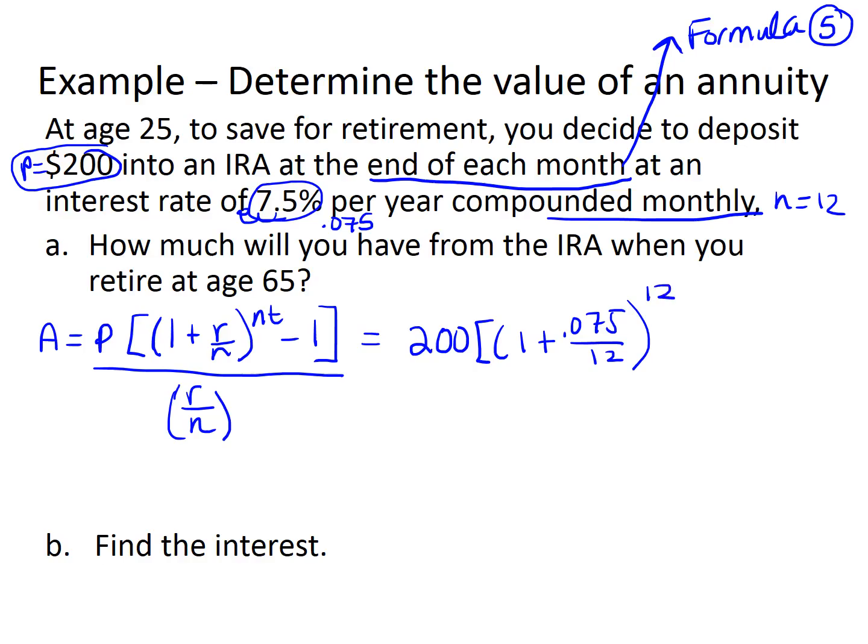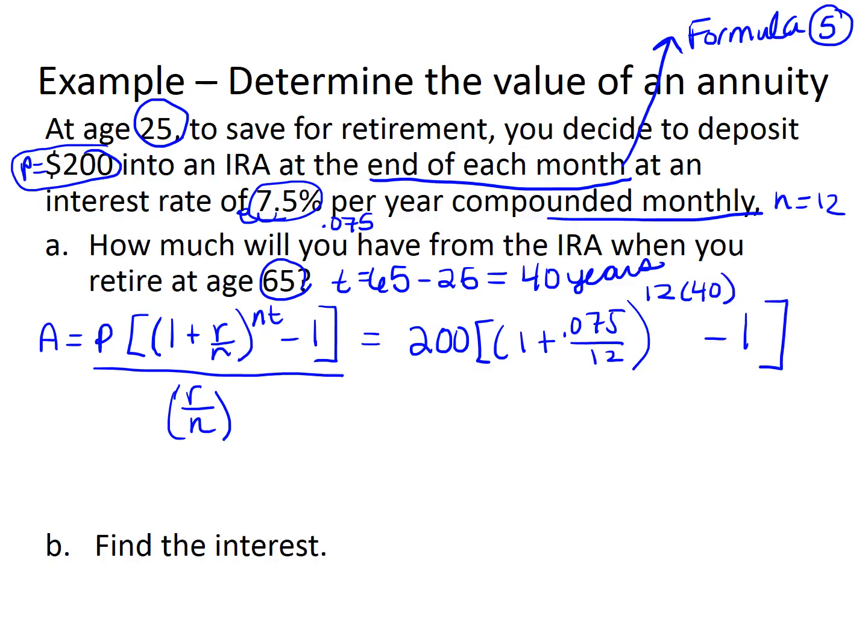To the 12 times the length of time invested in years. We start depositing at age 25, and we want to know how much we have in the account at age 65. So that is actually 40 years. So that would be your time. It's going to be invested for 40 years.